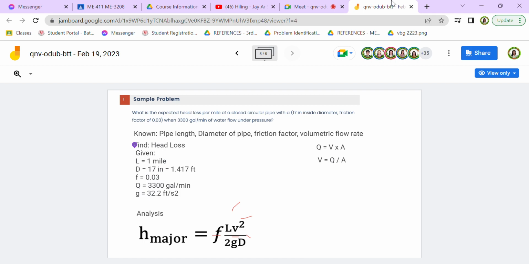So 1 mile is equivalent to 5,280 feet. We multiply 1 mile by 5,280, so it's equivalent to 5,280 feet.